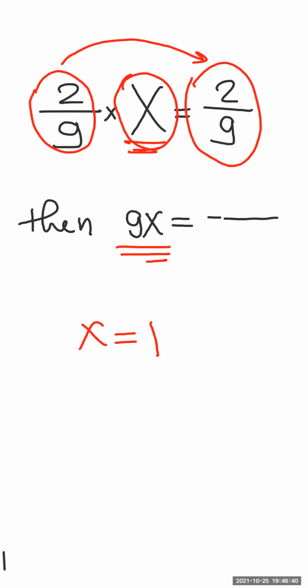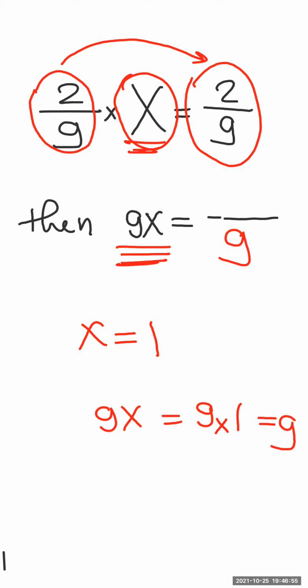So 9x equals 9 times 1, which is 9. Exactly.